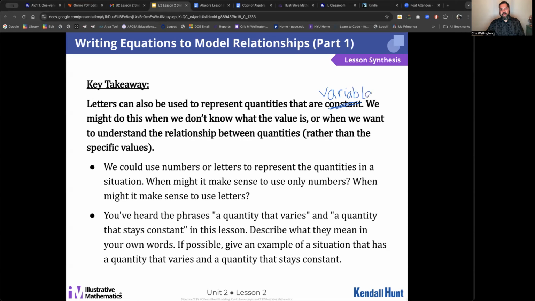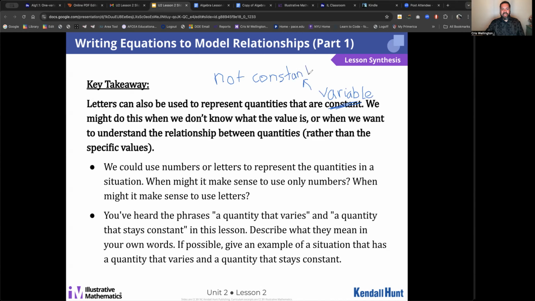So that's an error. So letters can be used to represent quantities that are variable, which means not constant, all right? Human beings make mistakes, and this is what happens here in this lesson. Letters, in this takeaway, represent variables which are not constant.